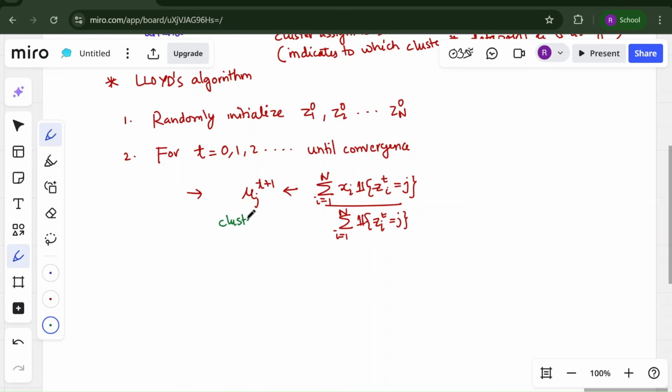Why centroids? Because you are taking the mean of the data points which are assigned to the jth cluster, right? So this is the jth cluster centroid. And what does this t plus 1 denote in the numerator? That denotes that it is in the t plus 1th iteration.